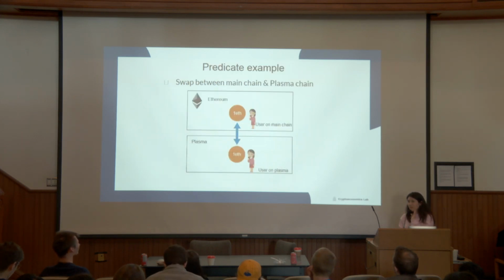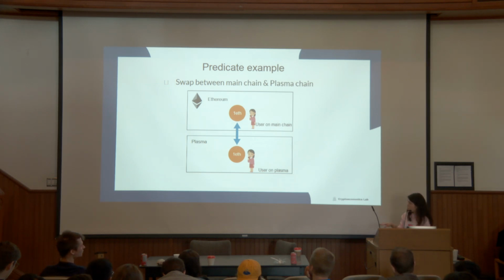Ben was just talking about atomic swaps between two different plasma chains, but this is swaps between the main chain and plasma chain, and it could be useful in a situation where there are too many users who want to deposit their ETH to plasma chain, and also a situation where too many users want to exit from plasma chain to the main chain, and those numbers of users are not equivalent. Then you can swap the coins.